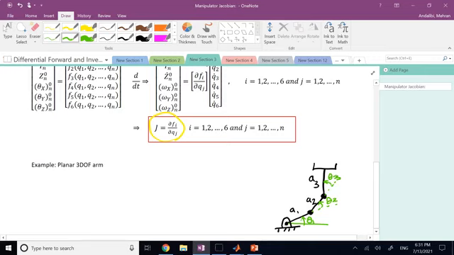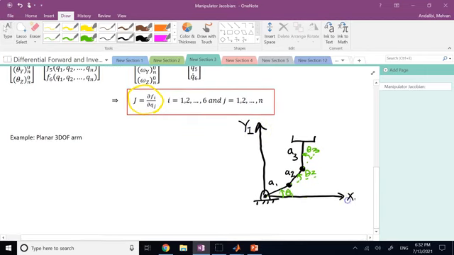Okay, and if I use x and y axes here, this point, call it the end effector, has x of e and y of e, and it also has an angle.